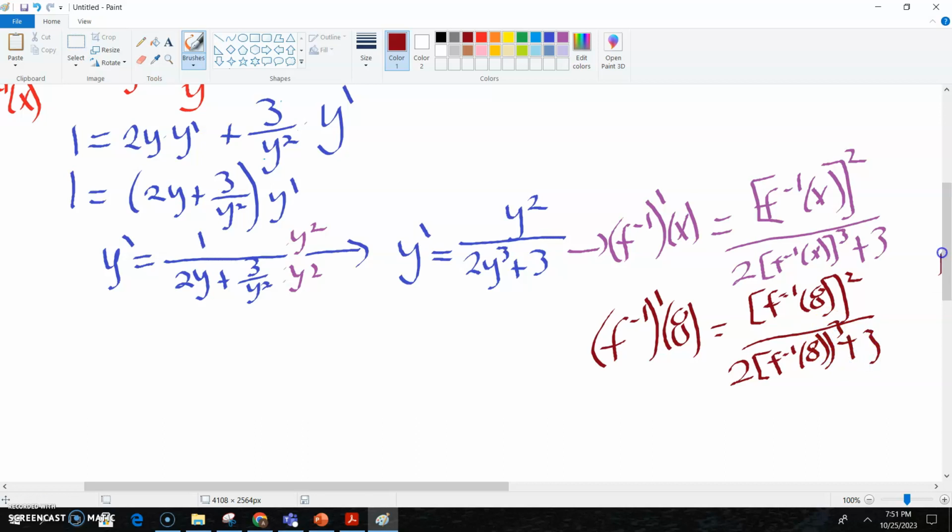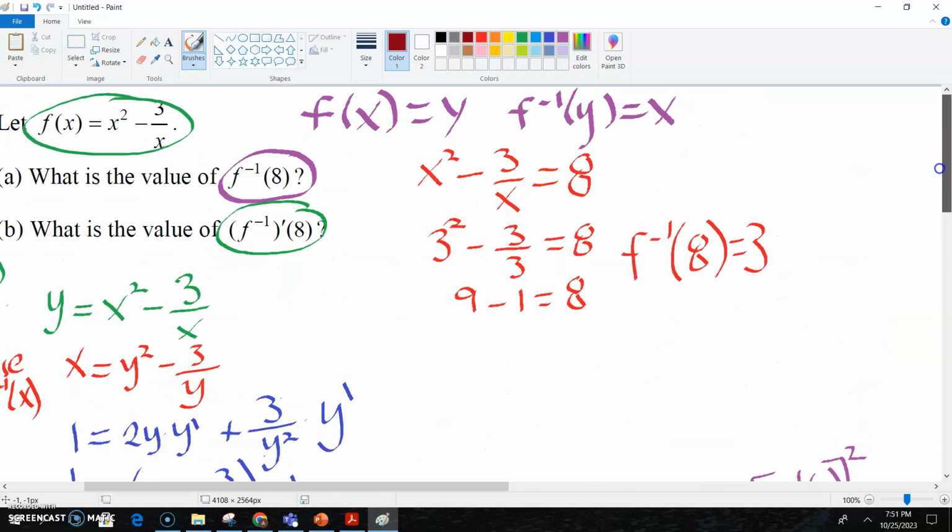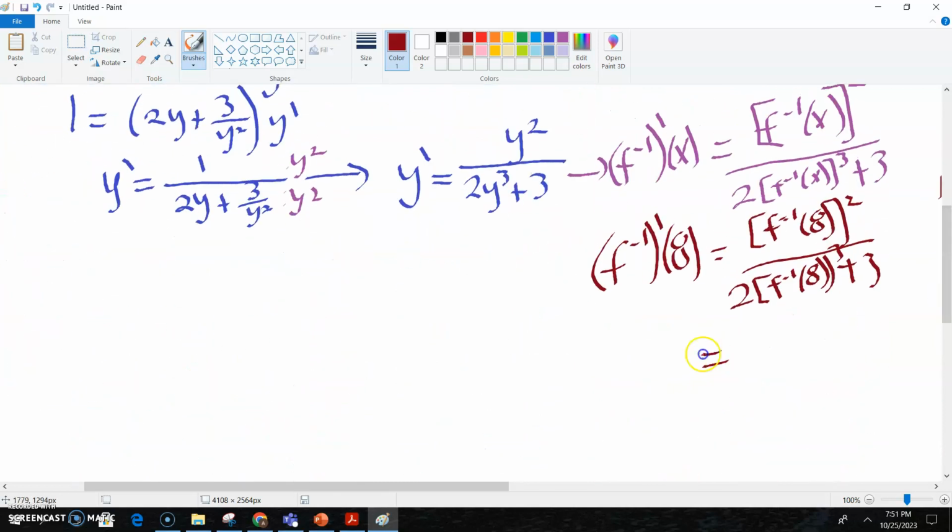Now we know from earlier that f inverse of 8 is 3. So this is 3 squared over 2 times 3 cubed plus 3. 3 squared is 9. 3 cubed is 27. 2 times 27 is 54. 54 plus 3 is 57.